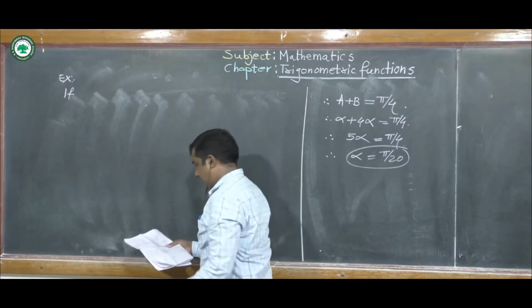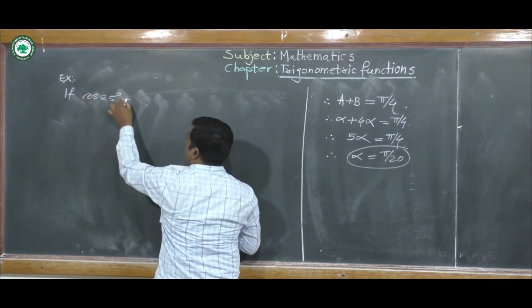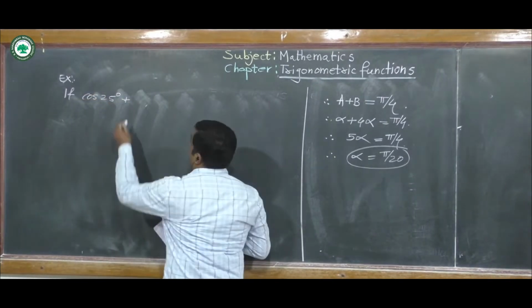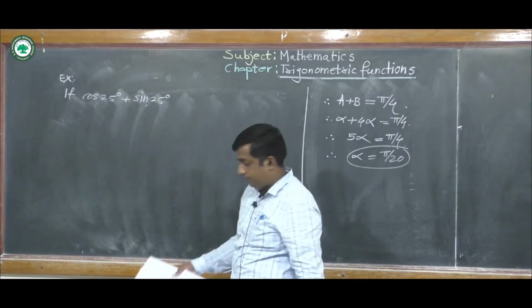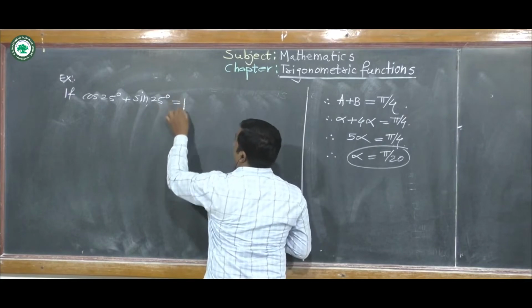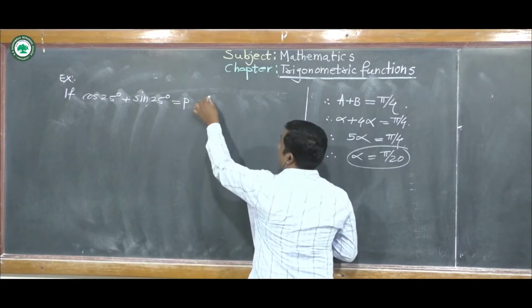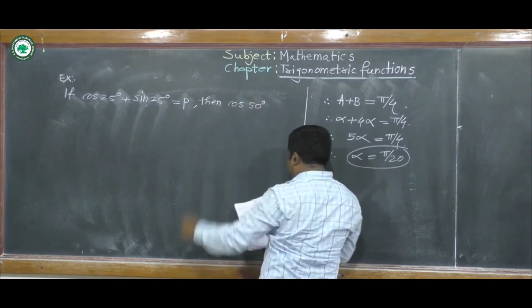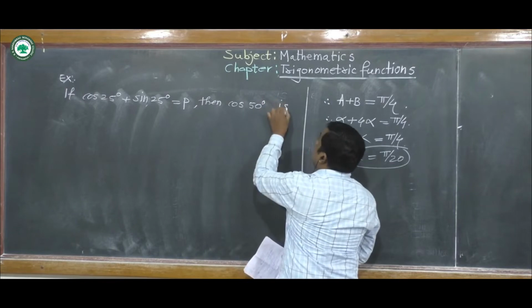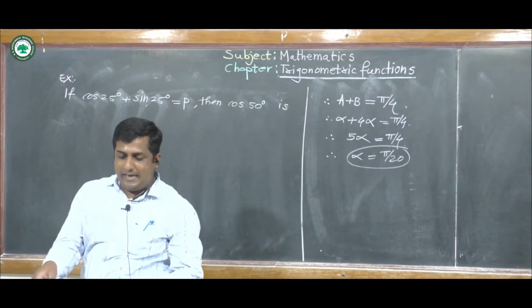If cos of 25 degree plus sine of 25 degree is equal to p, then the value of cos of 50 degree is?